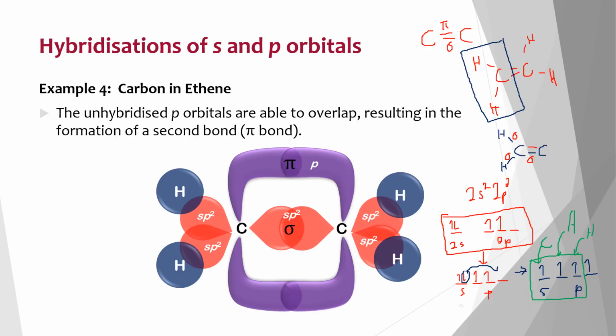So you will have one p orbital left, and this left p orbital will become the unhybridized p orbital.